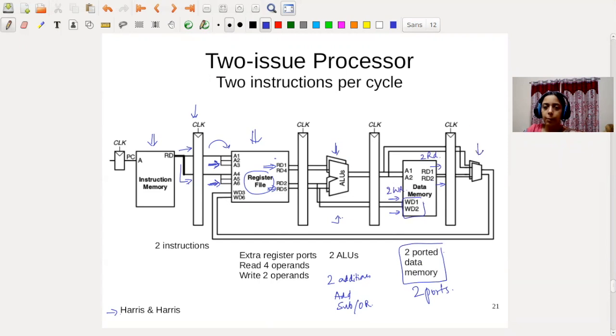And finally, the write back will need two multiplexers because you will have to write back two data registers in parallel, and therefore you have two write ports to the register file. So basically everything is duplicated in a two-issue processor. If you have a four-issue processor, you'll have four copies of these things, and then you can run them in parallel. Of course it's an area overhead, but if you need more IPC, this is one way of doing this.